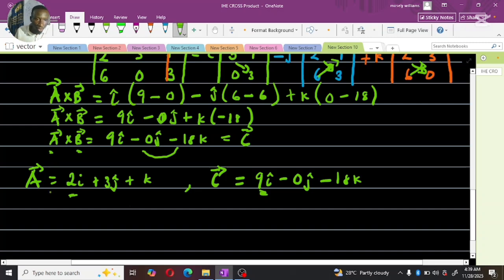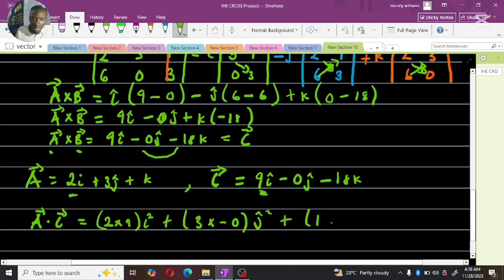So we have A dot C. So we'll be having what? 2 times 9, I squared, plus 3 times minus 0, J squared, plus 1 times minus 18, K squared, right?